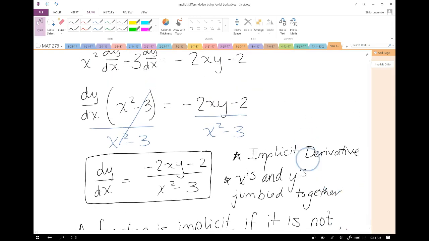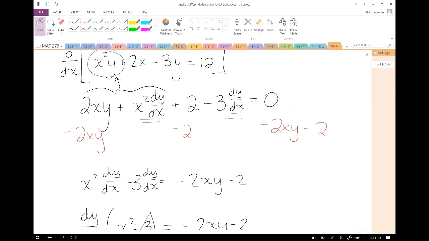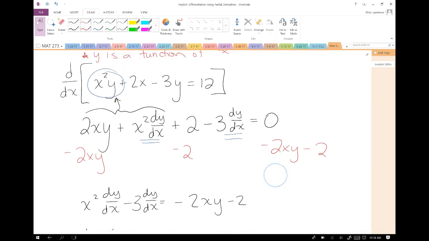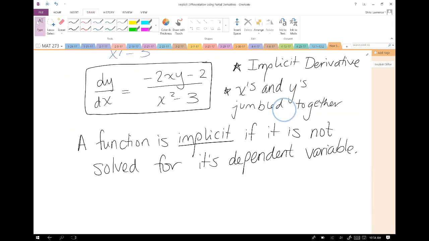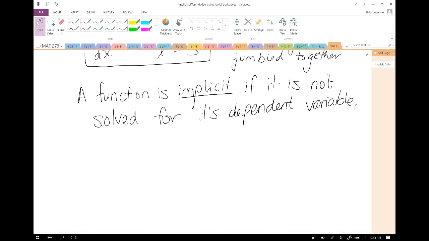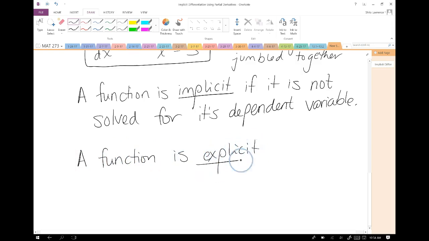So if we had this function given to us as y equals a function of x, that would be explicit. But we didn't. We had the y's and x's all jumbled together, which means it's implicit. So the opposite here of implicit is explicit, if it is solved for its dependent variable.